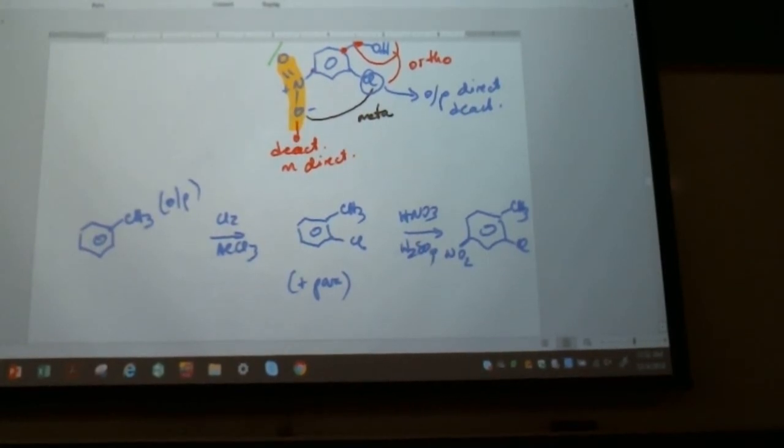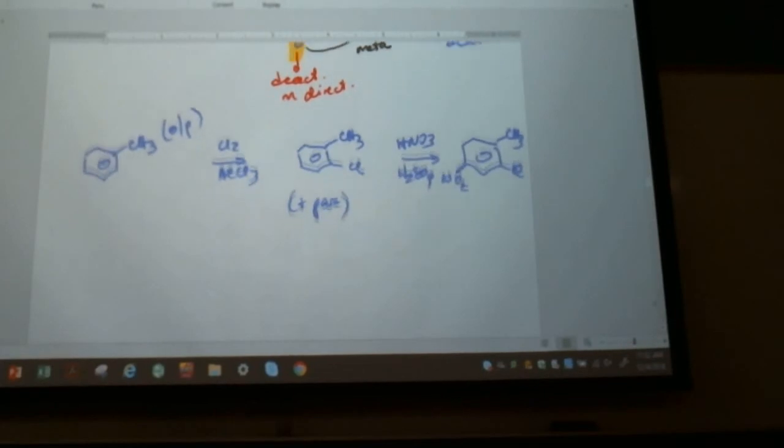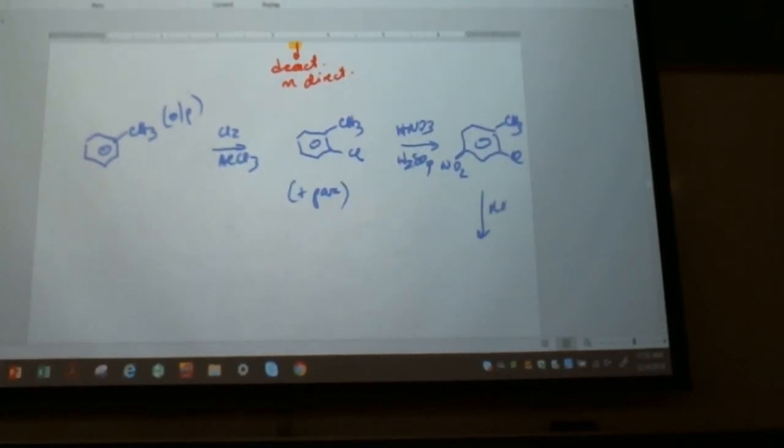And now I can go ahead and oxidize. There's no problem with oxidizing because everything else is as oxidized as it could possibly be. So let's just oxidize, let's say with potassium permanganate, sodium chromate, or whatever, and hydrolyze at the end of the day, and that will get me the product that I want.